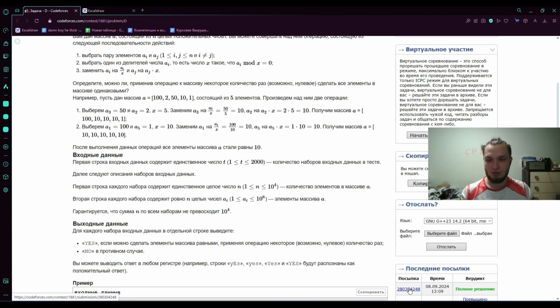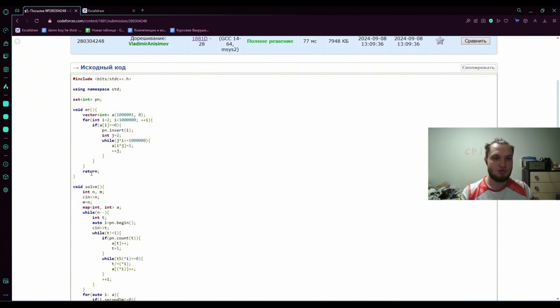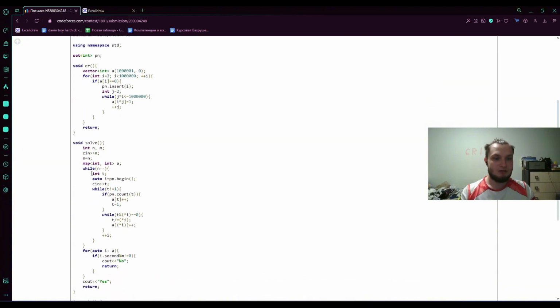Well, that's actually what's happening here. The Eratosthenes sieve is being built, a simple algorithm for finding prime numbers. And then we read m equal to n, just because I decided to do it this way, to create a vector of these numbers. Essentially, it's important because we can just factor it right away in this case and create a map that will store the mapping of the prime number to its count.